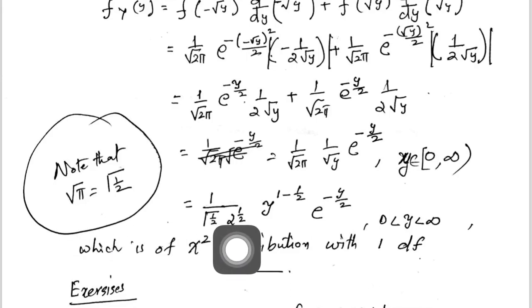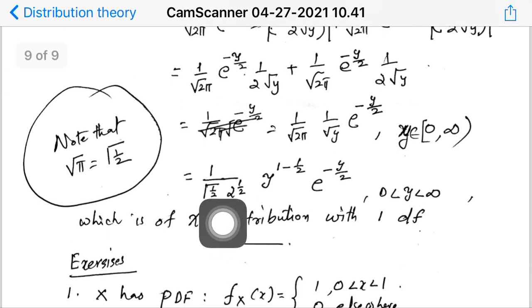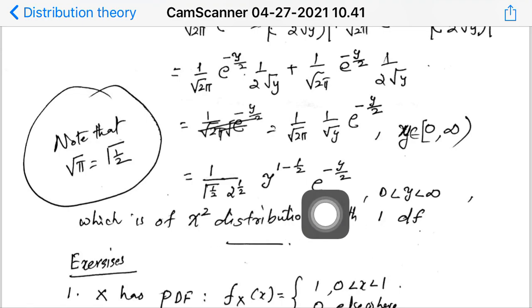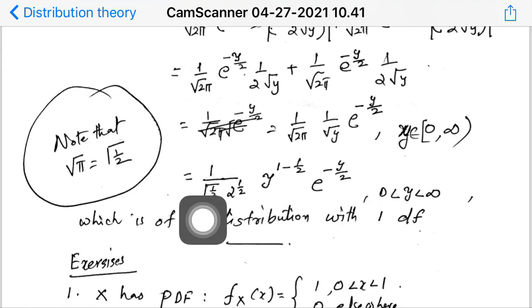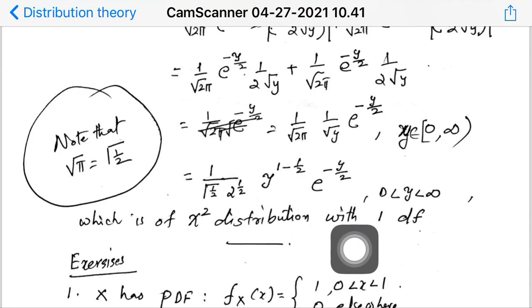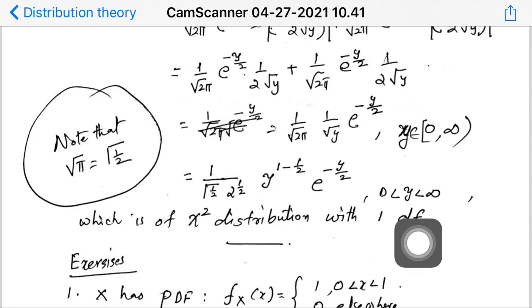Okay, and you see, you can identify that this density is the PDF of a well-known distribution called chi-square distribution with 1 degree of freedom.